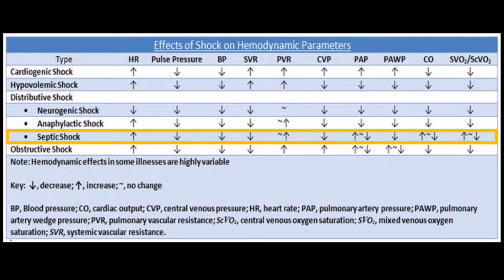There also may be decreased cardiac output and decreased central and mixed venous oxygen saturation. Remember that these are very generalized rules for patients in this state, but these are fairly common trends to see upon hemodynamic monitoring tracing.